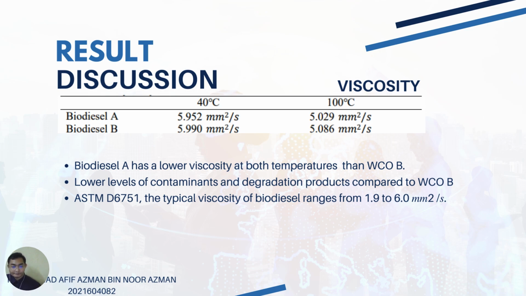Comparing with the American Society for Testing and Materials standard D6751, the typical viscosity of biodiesel is reported in the range of 1.9 to 6.0 millimeter squared per second, so my result was accepted as it was in the range of the standard.